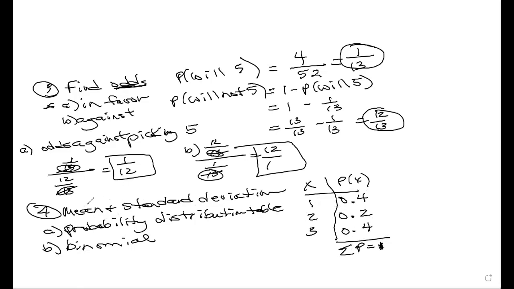The formula for the mean and the standard deviation for a probability distribution is on your formula sheet. And the formula for binomial is also on your formula sheet. Okay. And that's all the different things out of chapters 4 and 5. Anybody got a question?